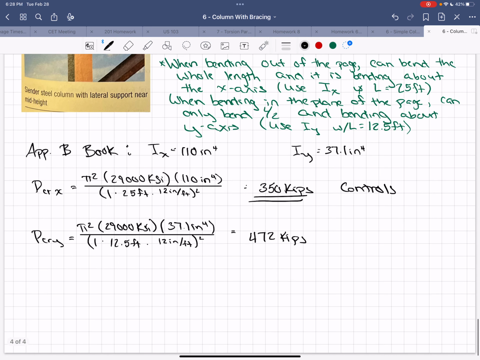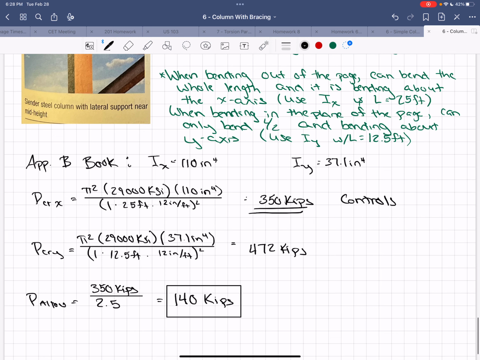We're going to divide that by our factor of safety to get our allowable P before it buckles. So P allow just equals that ultimate load of 350 kips divided by the factor of safety of 2.5, and we get the allowable load is 140 kips.